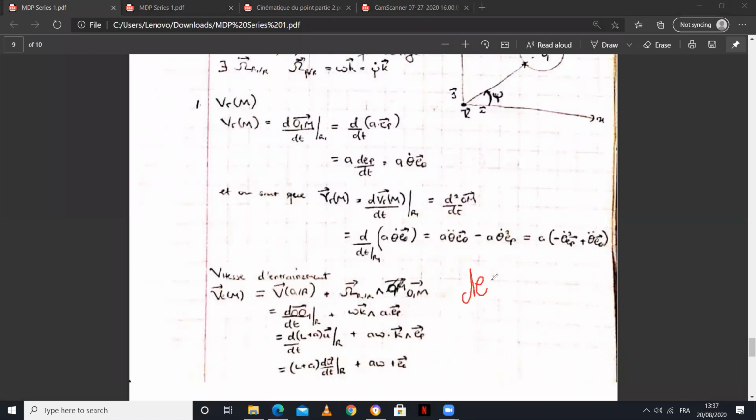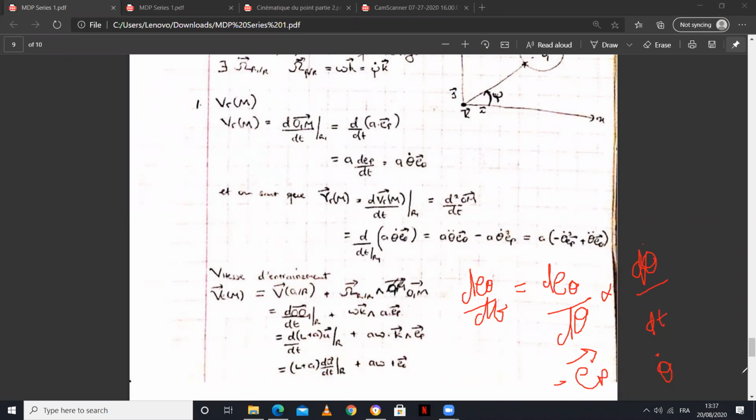It's going to be de e theta dt equals de e theta de theta times d theta dt. As usual, we decompose it, multiply it by d theta, d theta dt. This one is going to give you theta point, and then this one is going to give you minus e rho, like that. That's the same principle you have in your polycopy, except it's phi there, but this time you just put angle theta.